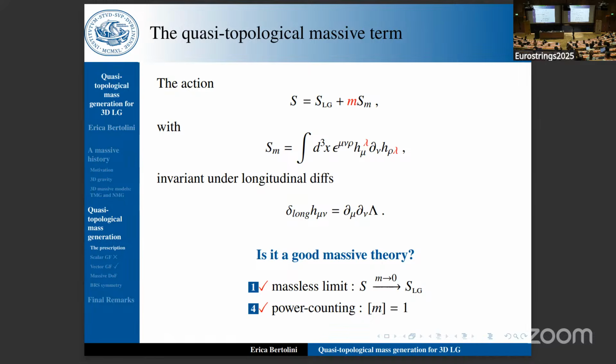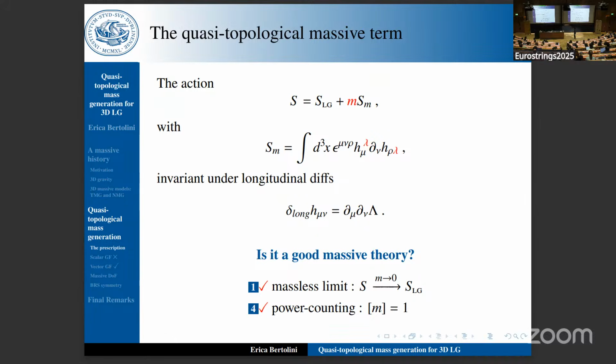And the whole theory is actually not invariant under the complete set of diffeomorphism symmetry, but only under a subset of it, which is called longitudinal diffeomorphism. A side comment, this symmetry is related to a class of theories known as covariant fracton theory, which I've been working on for some time as well.